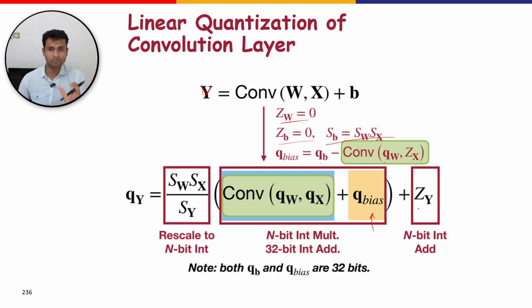It's just a one-time computational cost. The main thing is that n-bit integer multiplications are what you will be doing inside this convolution operation. Obviously there will be more operations here, but each operation will be n-bit integer multiplication. And yes, that's linear quantization for convolution.